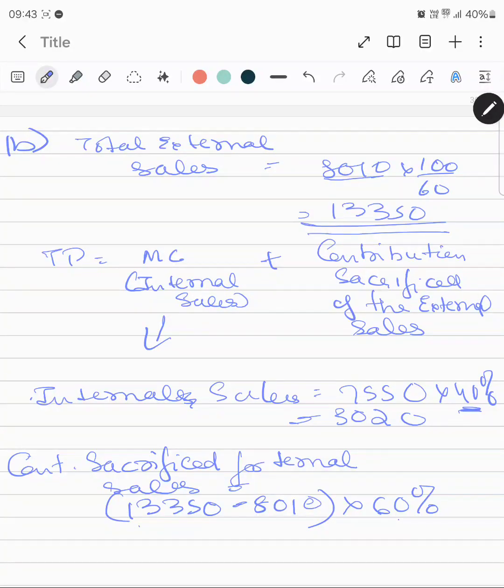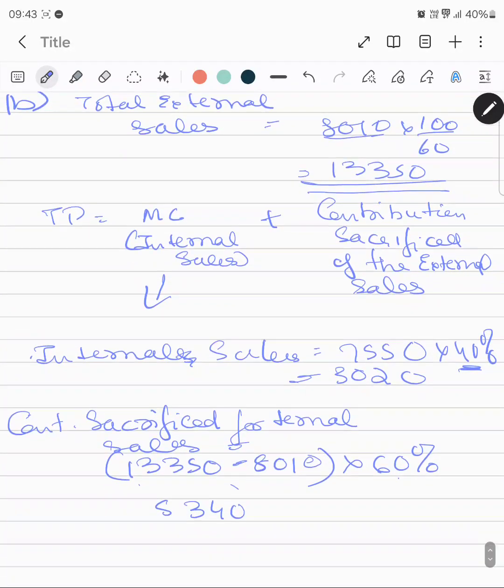So 13350 minus 8010 is 5340. So 5340 is the external sales which needs to be sacrificed in order to satisfy the internal sales.